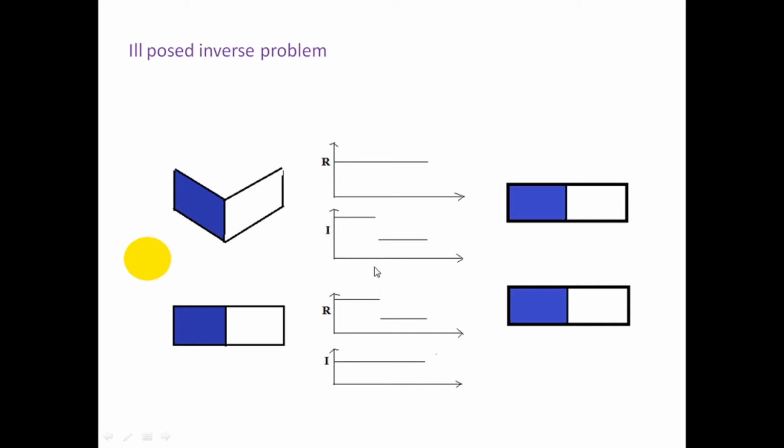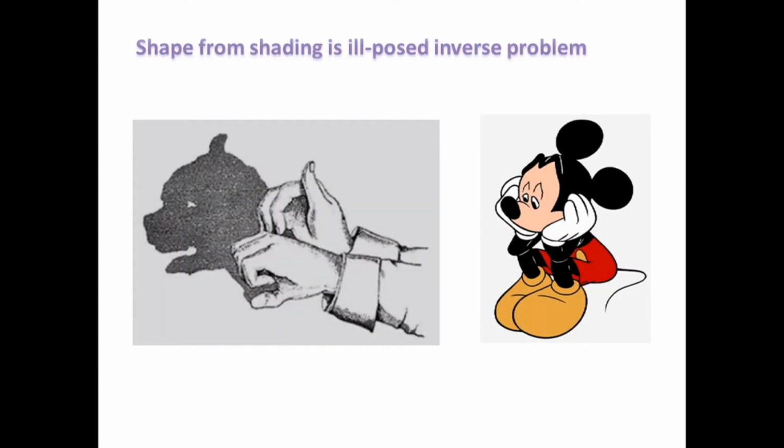Definitely here it fails. That is why, as I have said, many shapes can give rise to the same image. So this kind of shape or this kind of shape gives you the same 2D image information.